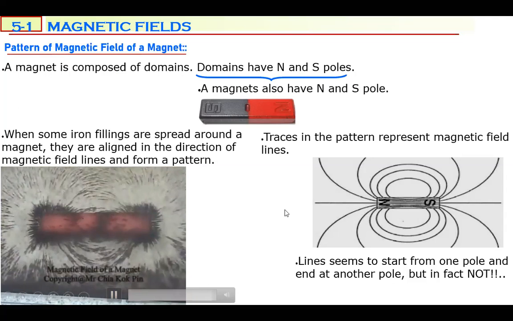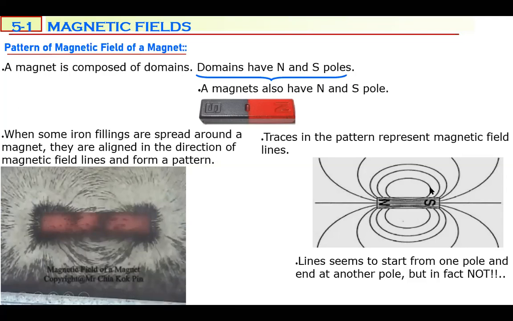If you look carefully, at the poles the lines are closer, which means the magnetic field is stronger at the poles. You see the traces starting from one pole and ending at the other pole. These also represent the magnetic field lines around this natural magnet.